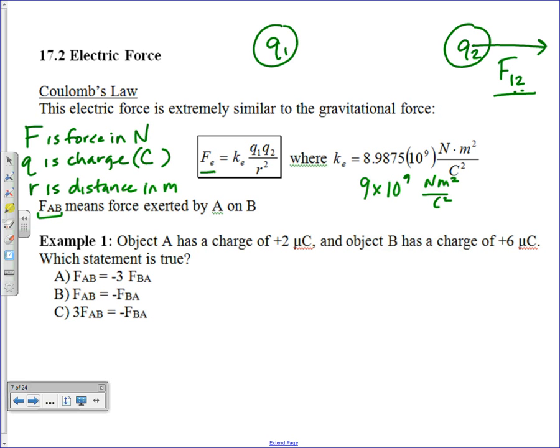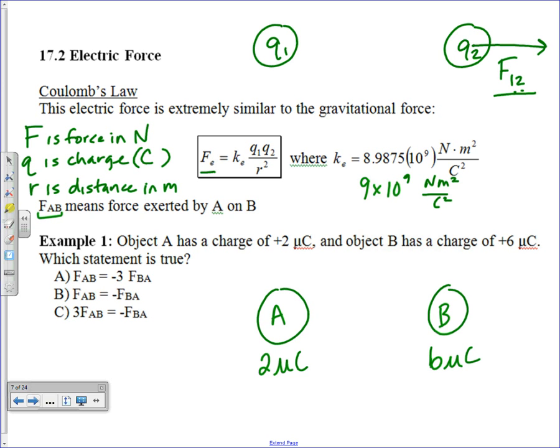Let's look at example 1. Object A has a charge of 2 microcoulombs, and object B has a charge of 6 microcoulombs. Which statement is true?